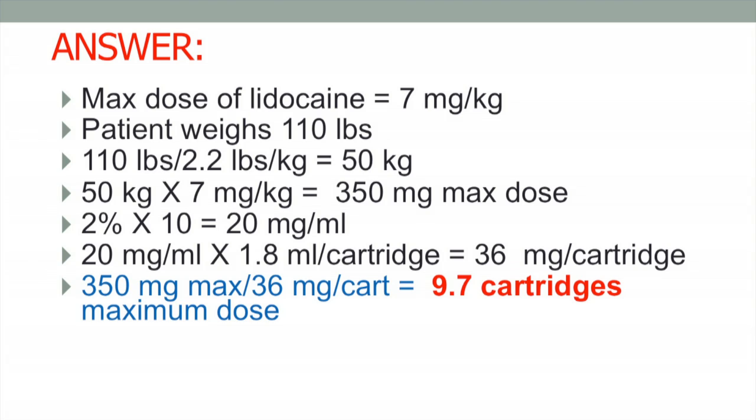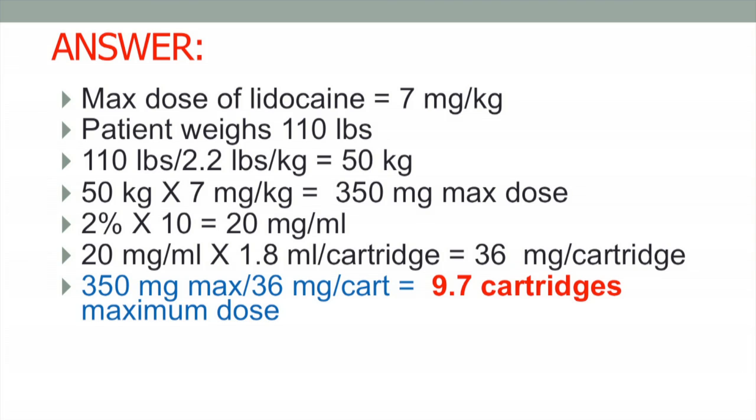Going to the local anesthetic solution, we know that percent times 10 is milligrams per milliliter. So in each cartridge there is 20 milligrams per milliliter. And to correct for the volume of the cartridge, we multiply 20 milligrams per milliliter times 1.8 milliliters per cartridge to get a total of 36 milligrams per cartridge.